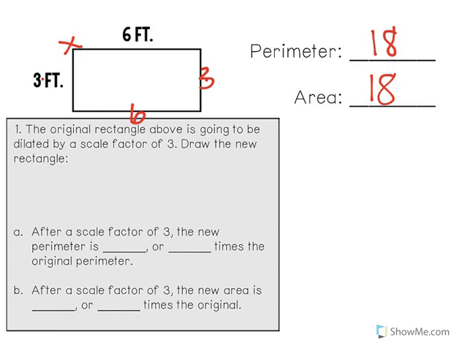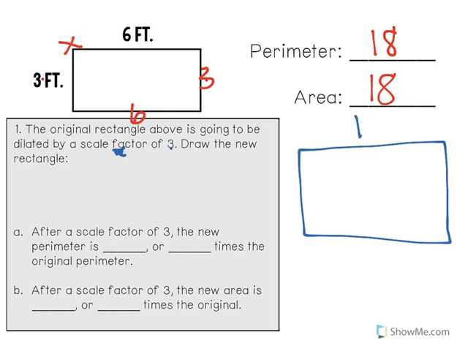Now, I'm going to dilate it by a scale factor of 3. If I'm dilating by a scale factor, then I'm going to multiply by 3. So 6 times 3 is 18, and 3 times 3 is 9. So my new dimensions are 18 by 9.